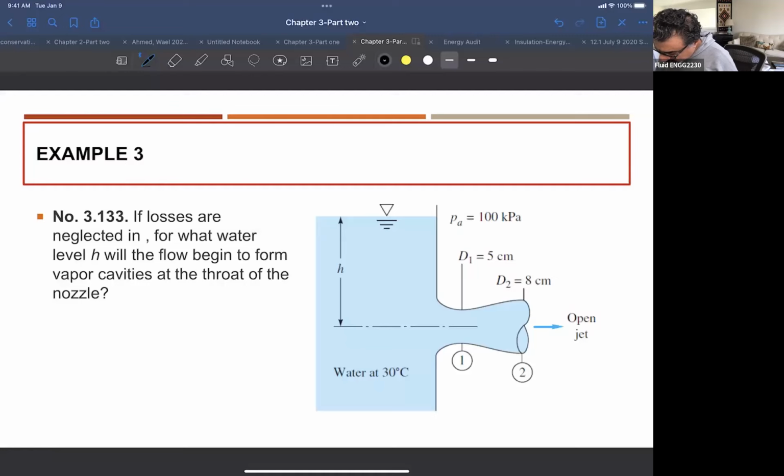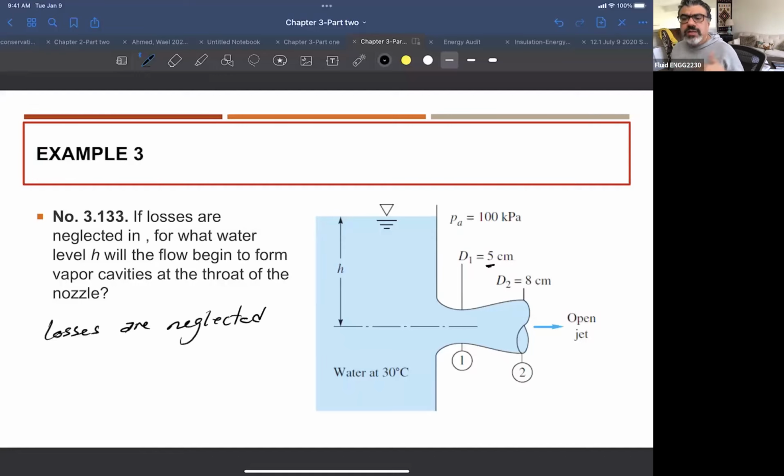I have a diameter that is 5 centimeter and then goes bigger to 8 centimeter. The pressure here is 100 kilopascal, which is basically our atmospheric condition. He's saying losses are neglected, which means that the Bernoulli equation in its ideal form is valid, no losses.